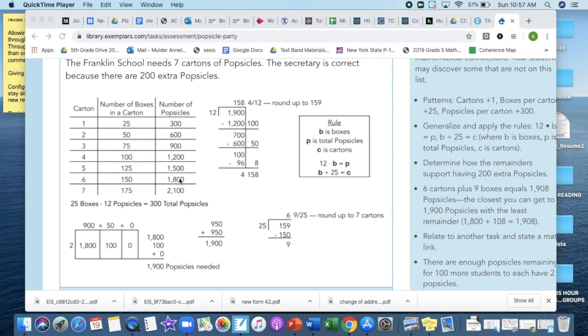Once they got to 6, they find out that they only have 1,800 popsicles, and then 7 would be 2,100. So they say they already know how many popsicles they need, and there was a remainder with the 6 cartons, so they say round up to 7 cartons, and there'll be some left over.